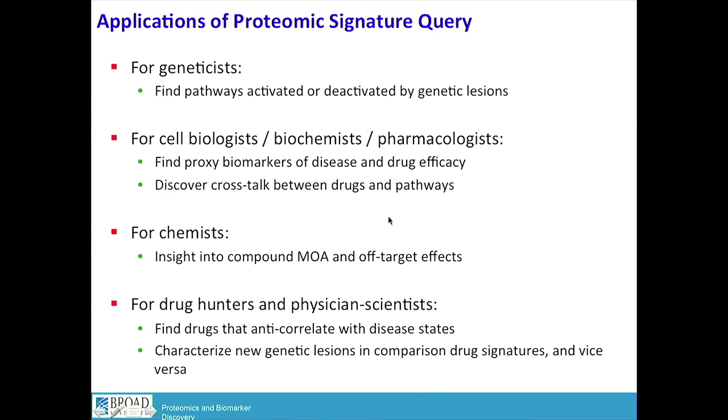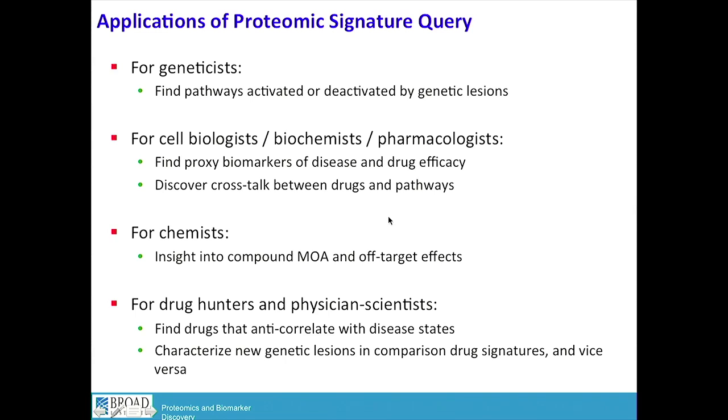And if you're, say, a drug hunter looking for new leads, or you're a physician scientist, you could try to find drugs that generate profiles that are perhaps anti-correlated with profiles of disease states or known perturbations that would, say, induce a disease or models of disease. And then, of course, you can characterize new genetic lesions or new environmental insults into cells and try to find drugs that will either help you model them or help you counteract those perturbations.